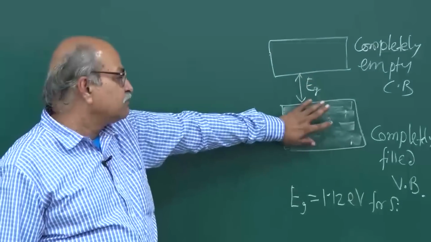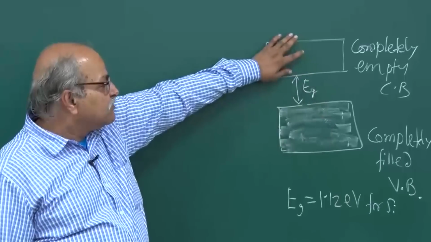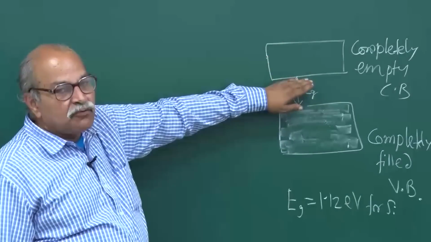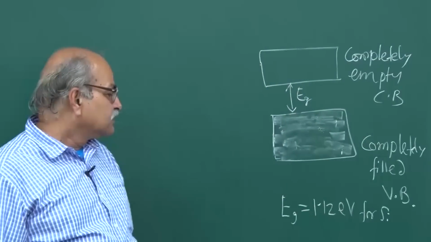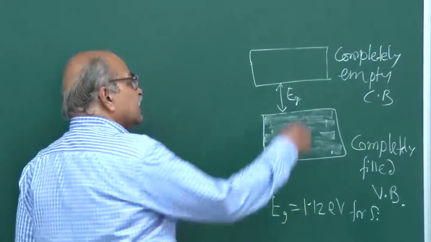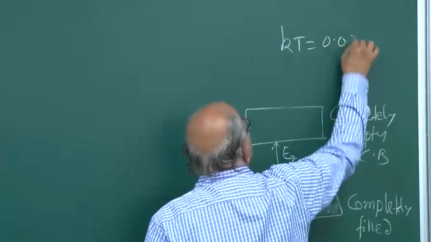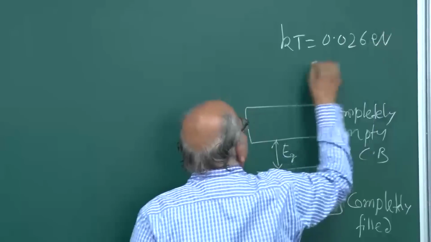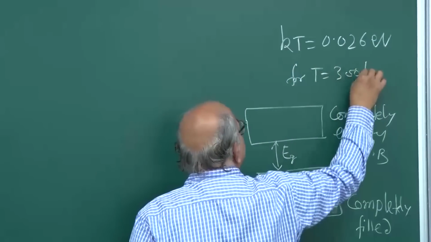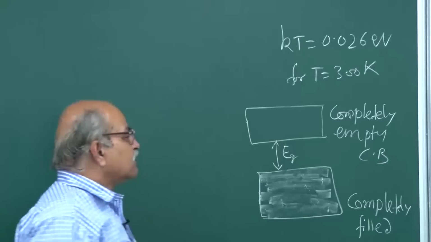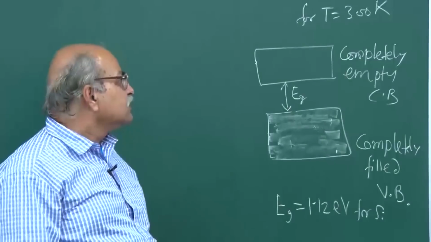For any other semiconductors also, this structure will remain the same. The valence band will be completely filled at low temperatures, the conduction band will be completely empty, and there will be a gap which is not much larger than the room temperature value of kT, which is 0.026 eV for T equal to 300 K. So, room temperature, because all our work is around that temperature only.